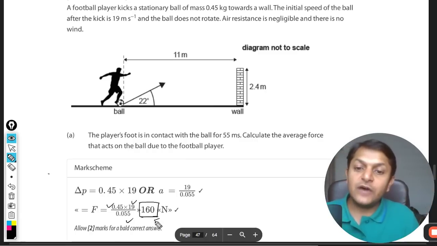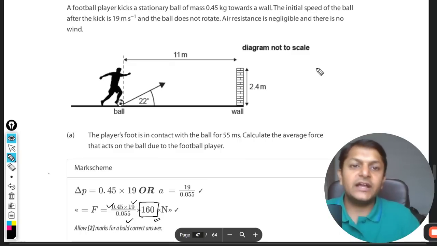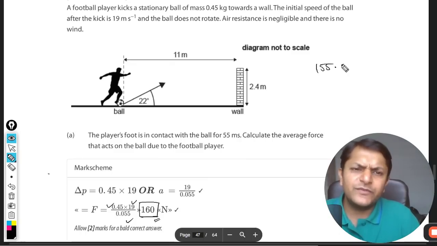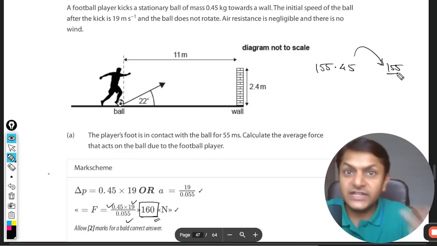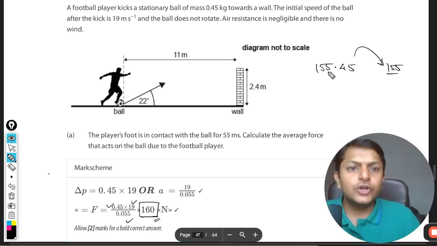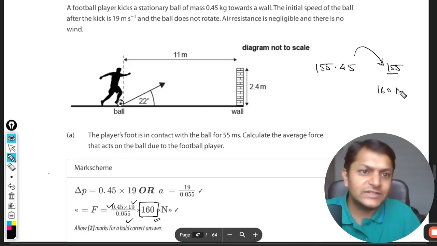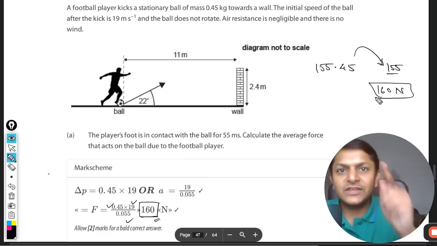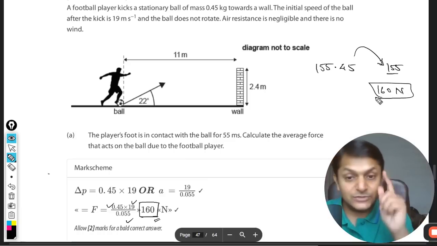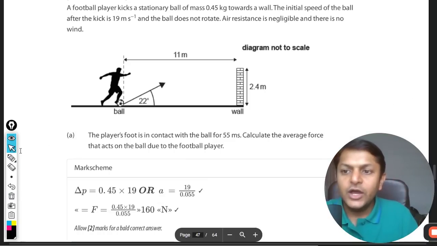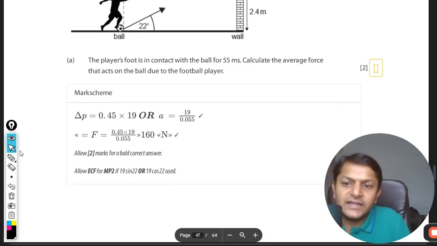But do you see how they have rounded it off? I was saying the answer could be 155.45, so I rounded it off to 155, but it was still three significant figures. So it is more than 55, so you round it to 160 Newton. This is how you do it in IB. Two significant figures, very clever. Okay, so we have done that.